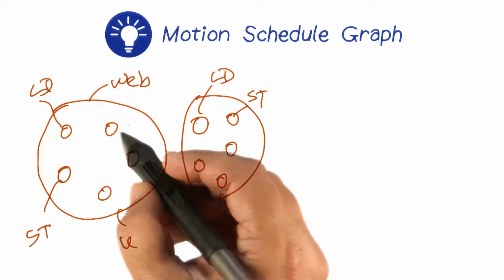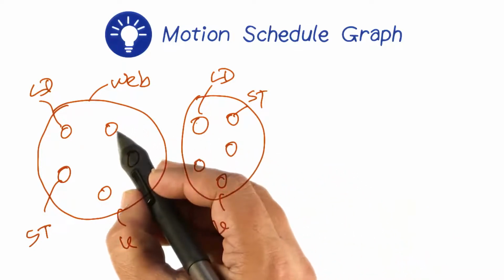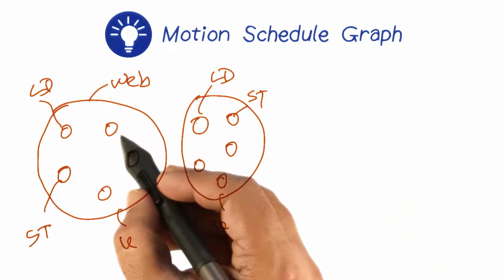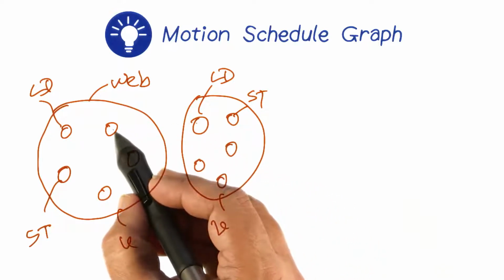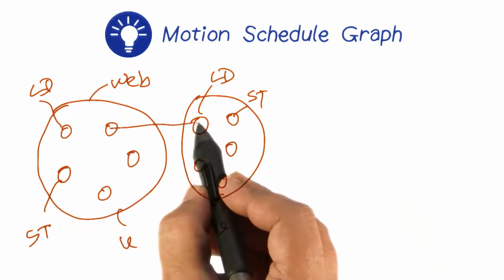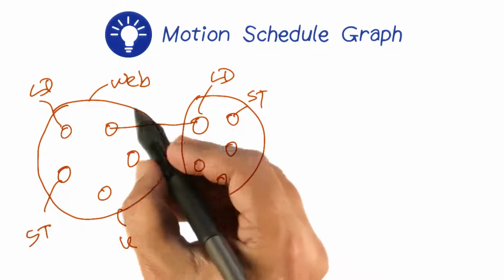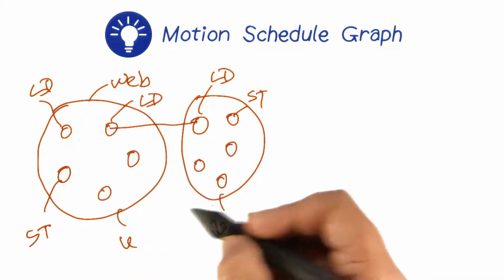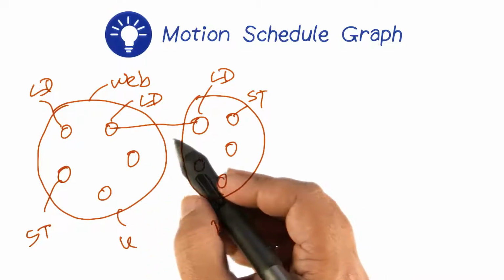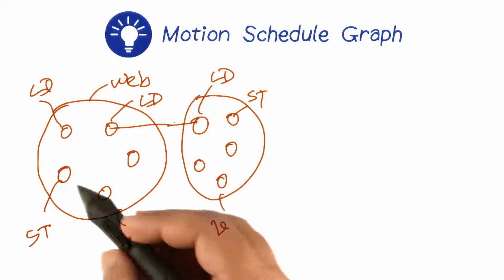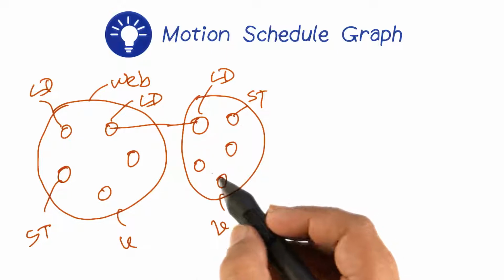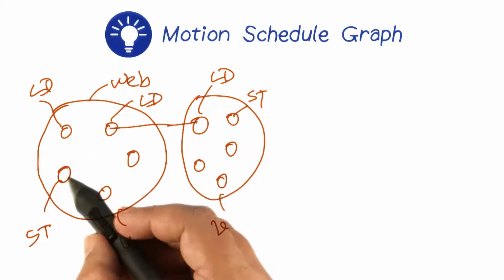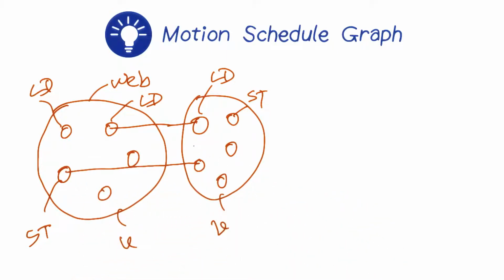So now we have edges which represent the ones which can be overlapped and which can be combined together between these two webs. So let's say this particular load over here from v and that load from u can be combined together. So there is an edge here. Let's say the store from u can be combined with a load from v. So there is another edge here.